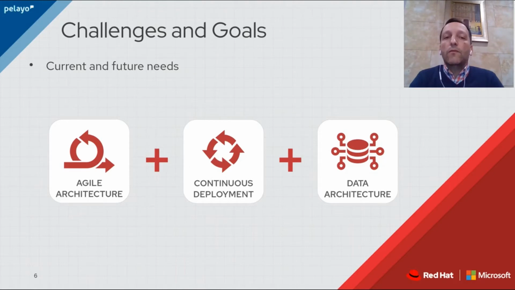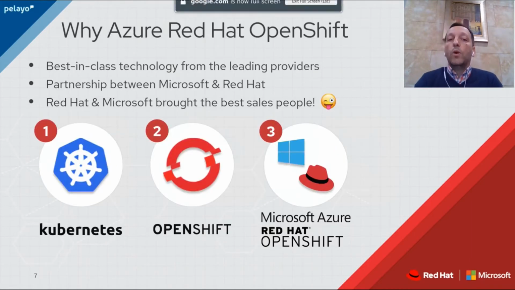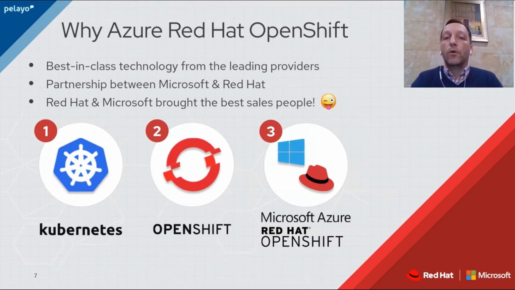First of all, we wanted a new architecture that should be agile, with fully continuous deployment and continuous integration, and of course, easy to grow and easy to integrate with our future data architecture. We have in mind that we want to use Java as a programming language. Besides it, we knew that we were going to focus on Kubernetes technology.